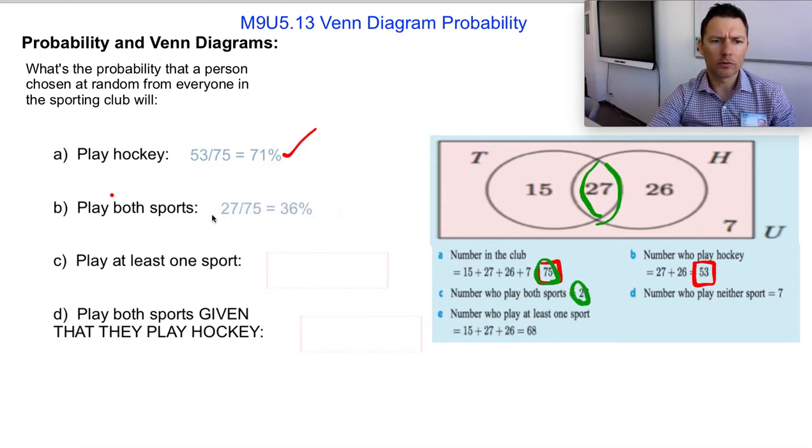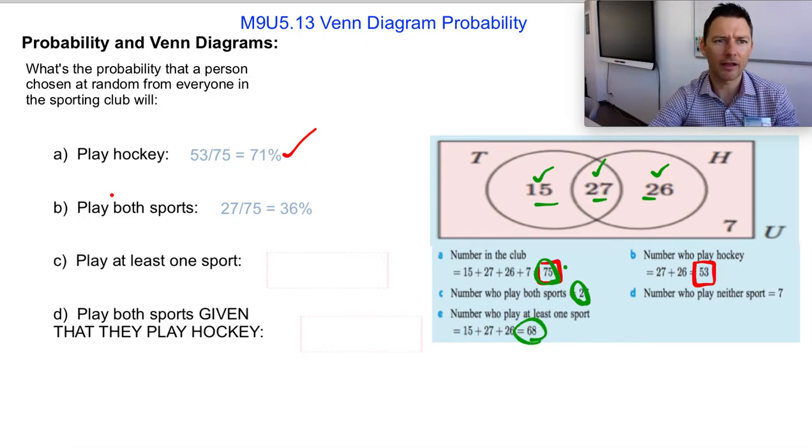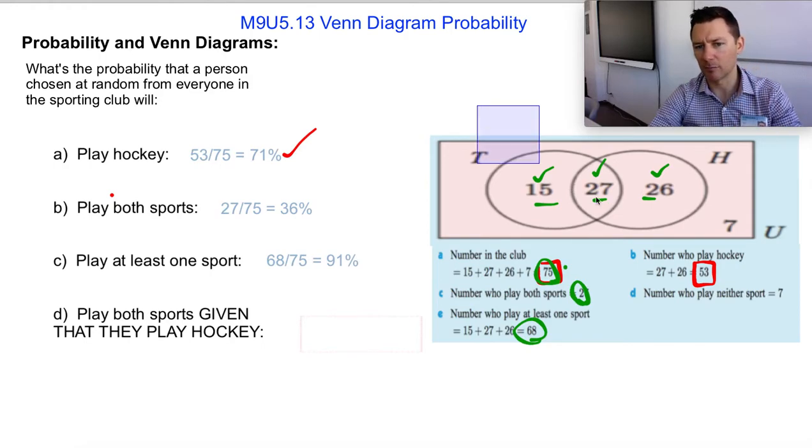So 27 out of 75, 36% chance. Play at least one sport. I don't care if they play both. Both is great, but if they play hockey, great. If they play tennis, great. If they play both, double great. So all of these, I think we said that those were 68 out of 75. So 68 out of 75, 90%, which makes sense because most of them are playing tennis or hockey.